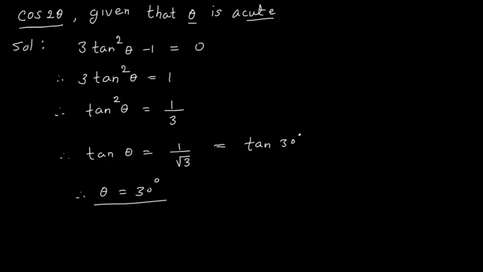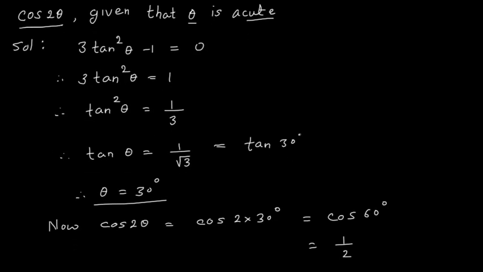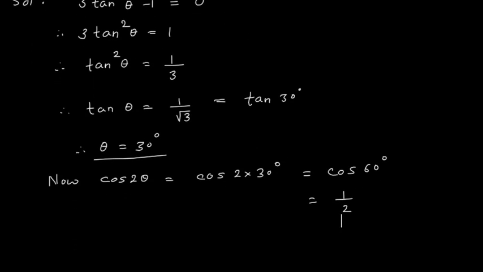Now cos 2 theta is equal to cos 2 into 30 degrees, which is cos 60 degrees, and cos 60 is 1 upon 2, right? If 3 tan square theta minus 1 is 0, we have to find cos 2 theta. Simple. What we did? We first found the value of theta and then cos 2 theta.